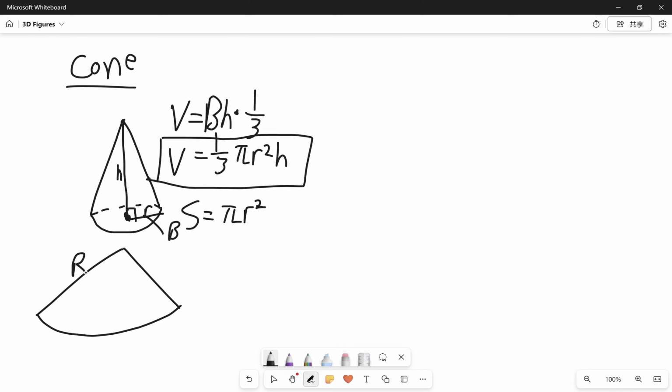The length from the point to the edge of the circle always stays the same, so this must be the radius. Let's just call that big R. And the bottom here is 2 pi little r, because that's the circumference of our circle.